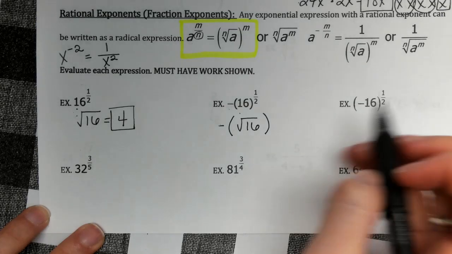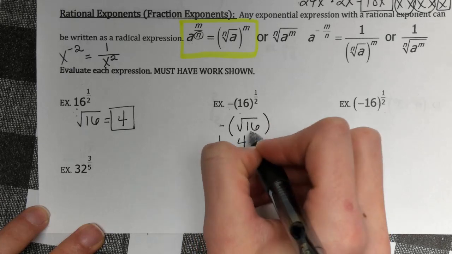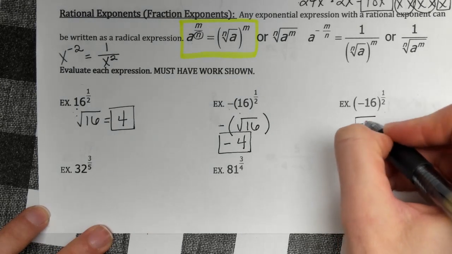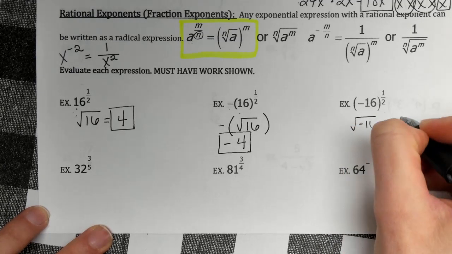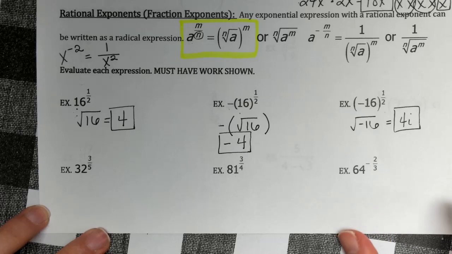Okay? So then, that means it's a negative 4. Now set up the next one. How should I have that set up? Which gives me. So you're going to have to be careful where you put those negatives.